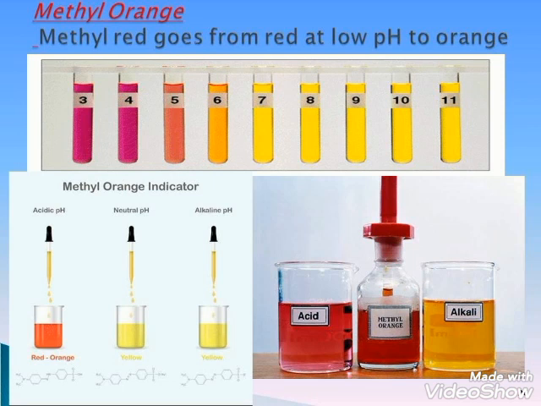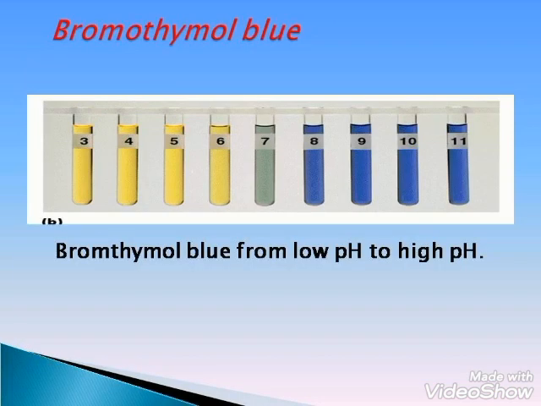For acidic solution it is red, and for alkaline solution it is orange in color. Bromothymol blue, another such indicator, goes from low pH to high pH, and the color changes from yellow gradually to blue.